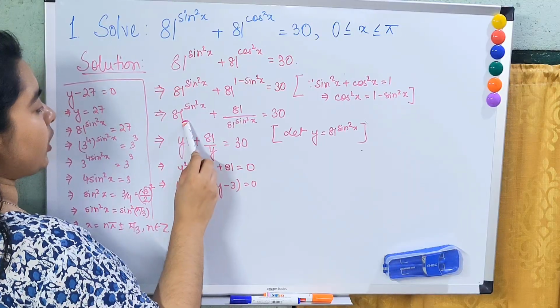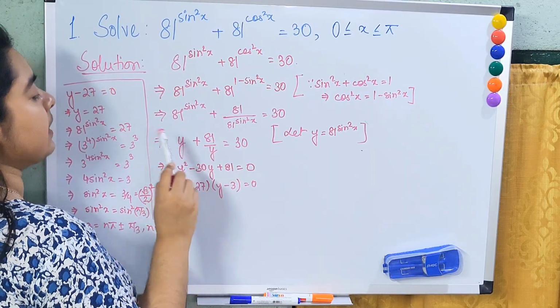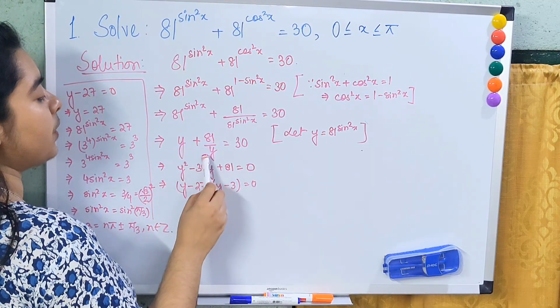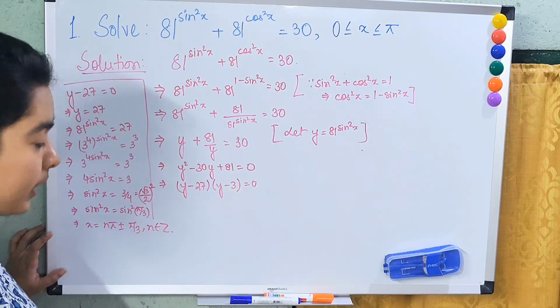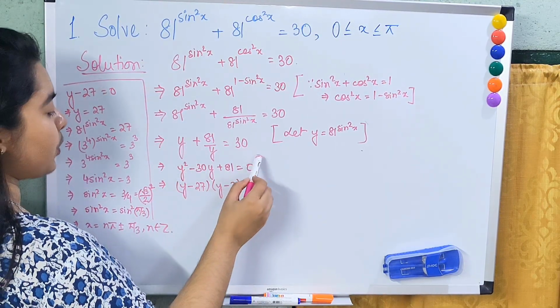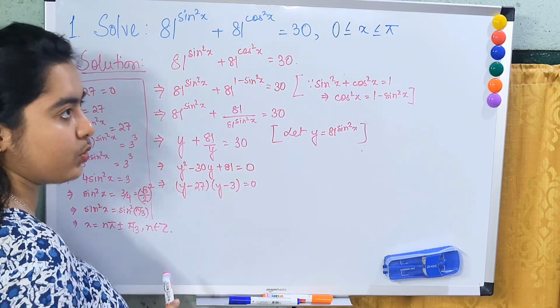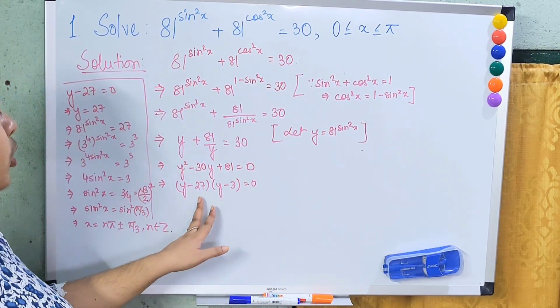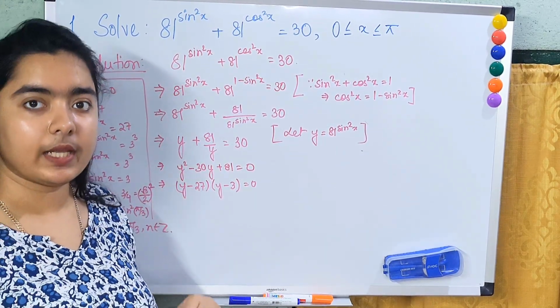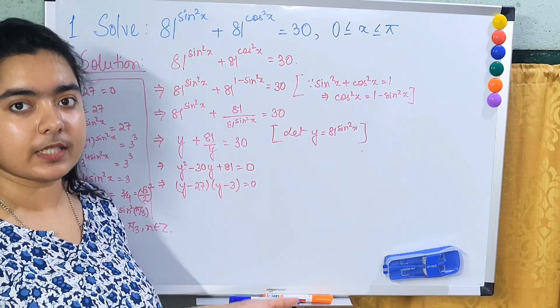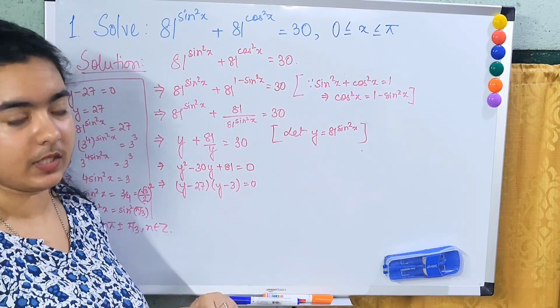So this equation is actually y plus 81 by y is equal to 30. Okay. Now simplifying this equation, we get (y minus 27) into (y minus 3) is equal to 0. So since the product of two terms is equal to 0, then either the first term is equal to 0 or the second term is equal to 0.